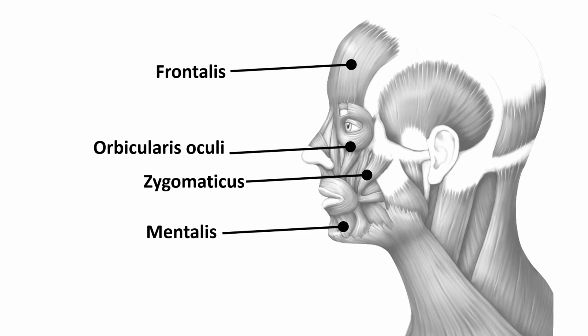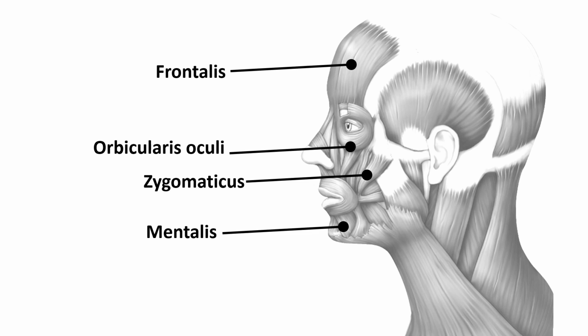Collectively, these two bellies and the aponeurosis connection between them are called the epicranius. In case you don't remember, an aponeurosis is a sheet instead of a rope-like tendon. Some people will call the forehead muscle the frontal belly of the epicranius.